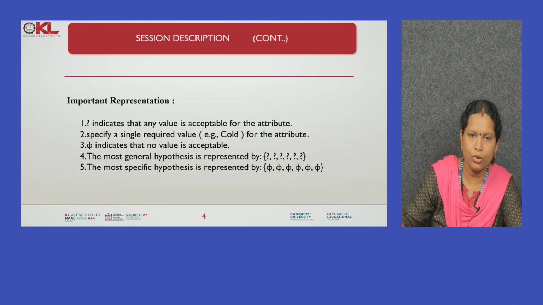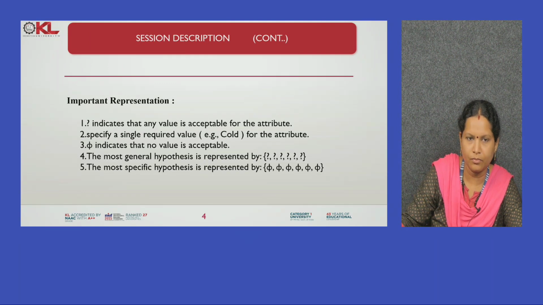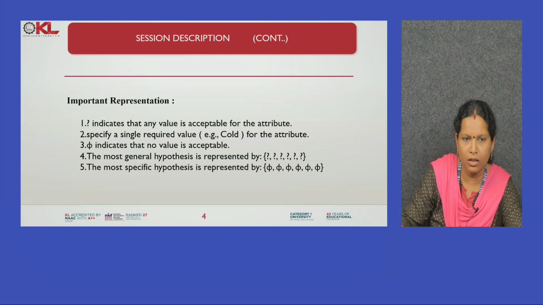Before we discuss the Find S algorithm, we should first know some of the representations we are going to use in this algorithm. Question mark indicates that any value is acceptable for the attribute, and pi indicates that no value is acceptable. The most general hypothesis is represented by question mark, and the most specific hypothesis is represented by the pi symbol.